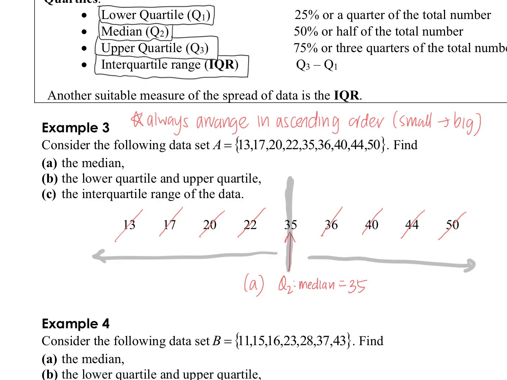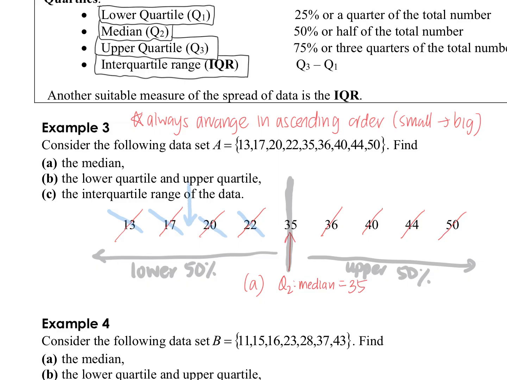So I want to find my lower quartile. So in my lower 50%, I need to find the middle person. So where is my middle person in this lower half? So I will start cancelling, right? So I try to find the midpoint. So the midpoint is here.